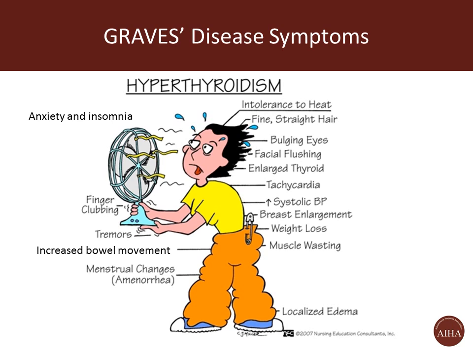So hyperthyroidism is like a conglomeration of various symptoms. Typically, people who are hyperthyroid are heat intolerant. They feel hot where everybody's still feeling comfortable or cold. Anxiety and insomnia are among the symptoms. The hair gets finer and more straight. The eyes start bulging because there's an autoimmune process that affects the eye muscles.